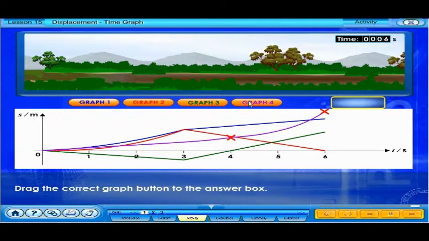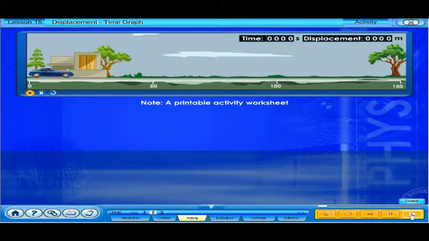Drag the correct graph button to the answer box. Click the Play button.